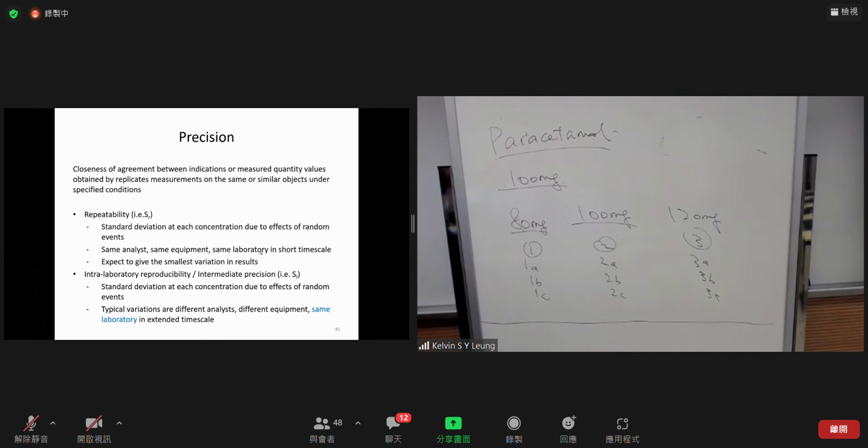The first one is the repeatability. It will be performed in the same laboratory in a very short period of time with the same analyst, to study any random errors obtained by a particular person within a short period of time.